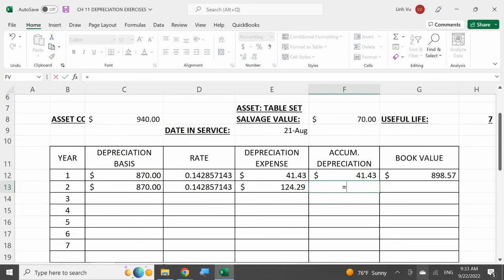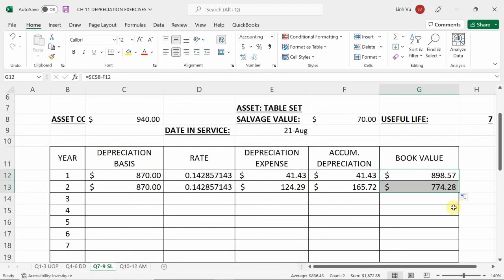So then accumulated depreciation. $165.72. So then book value. $774.28.